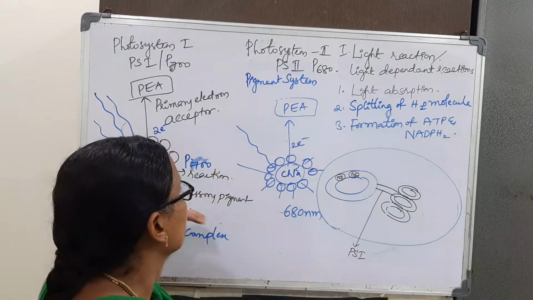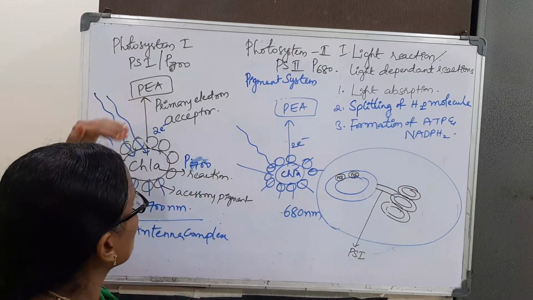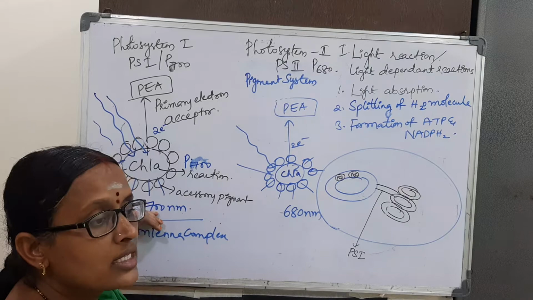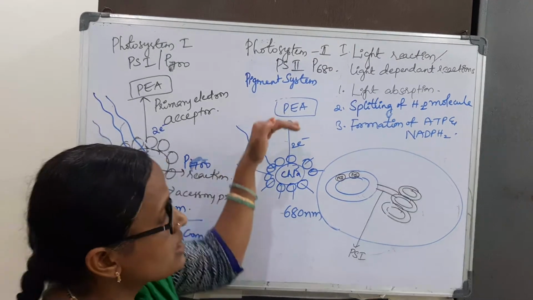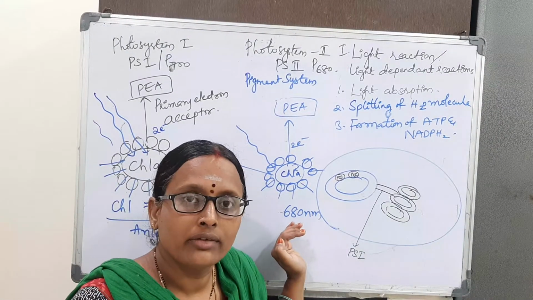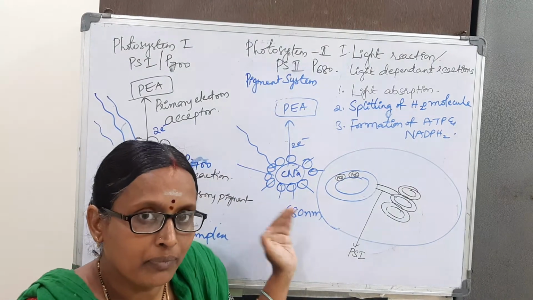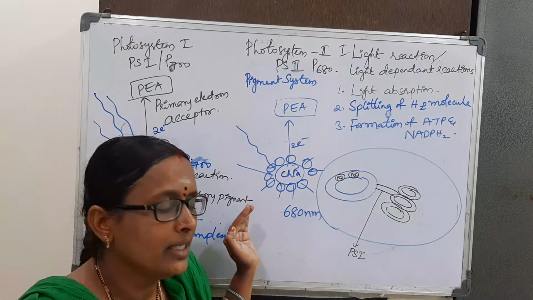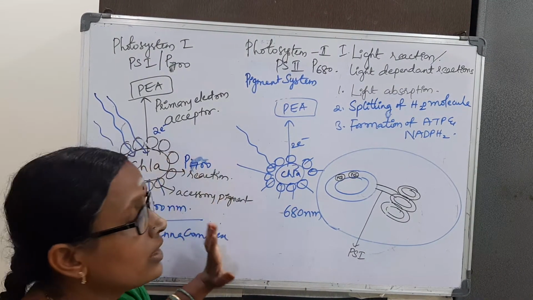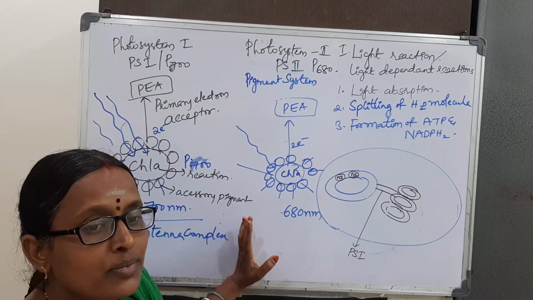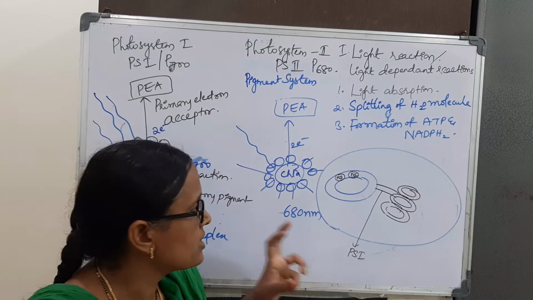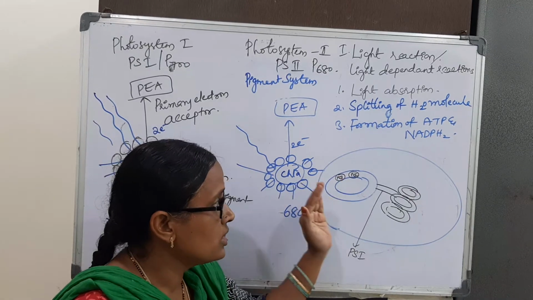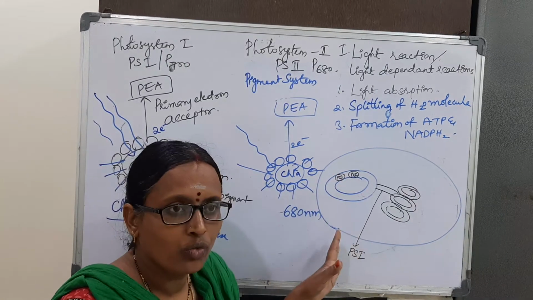The absorption wavelength is that photosystem 1 activates at 700 nanometers, whereas photosystem 2 is activated at 680 nanometers. This is the information about photosystems. These systems are present inside the chloroplast.